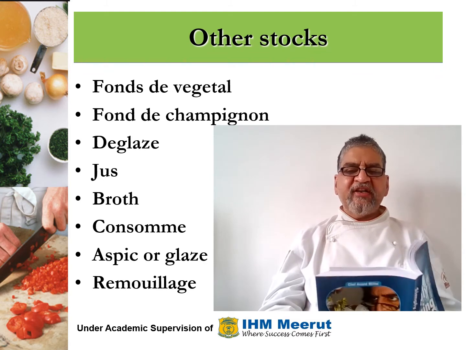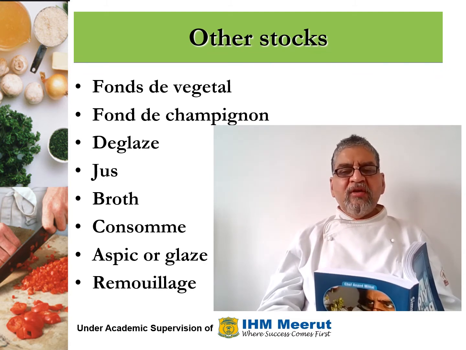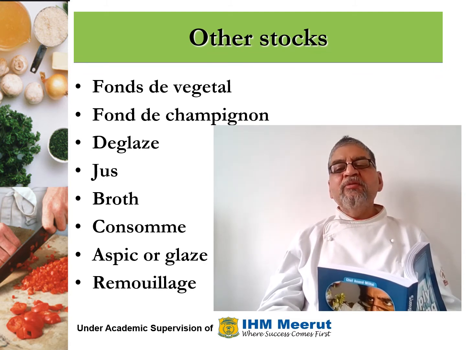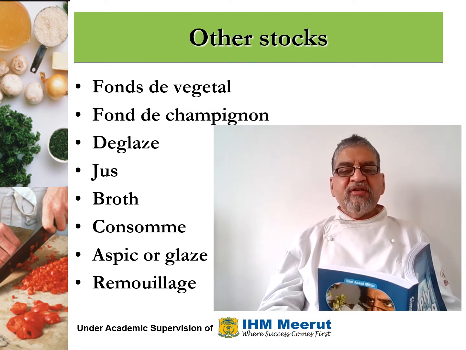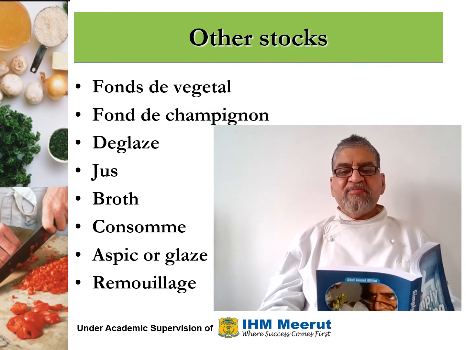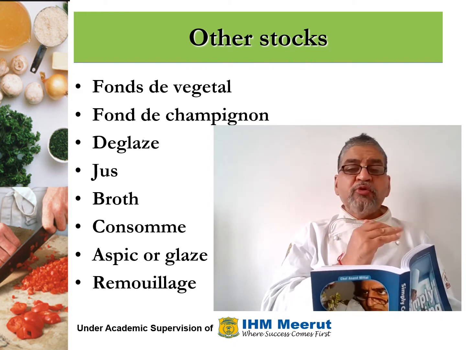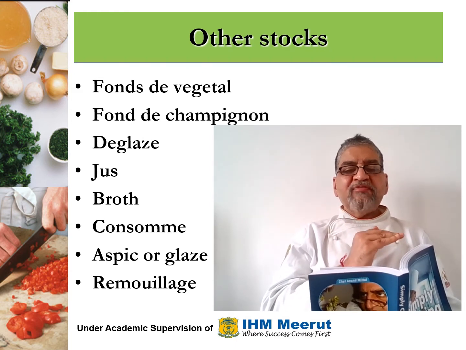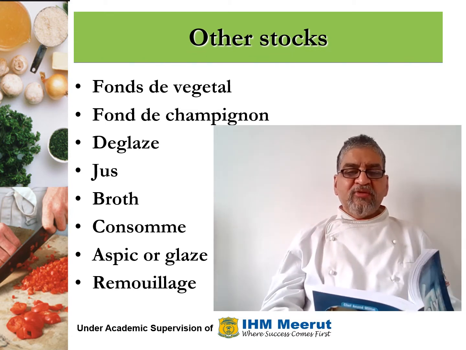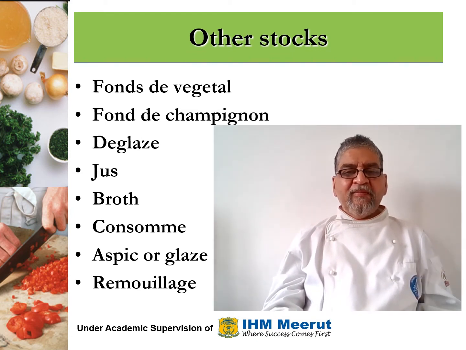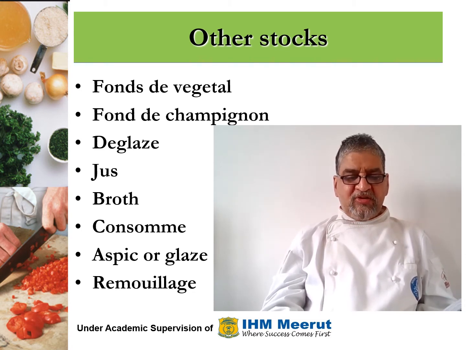Whereas a bouillon, the name comes from the word to boil. So a bouillon is mainly made of meats and it is stewed for a very long time. So that is the difference between a broth and a bouillon. Broth and bouillons also produce very good stocks.